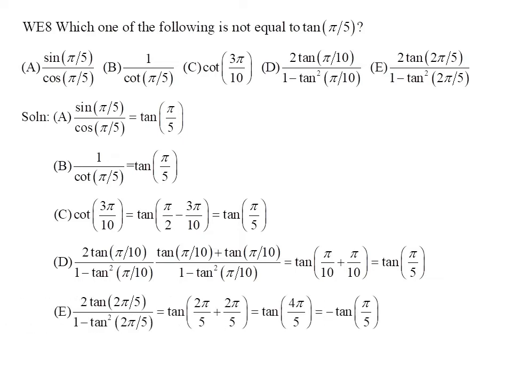For expression E, similar to expression D, we may apply the tangent double angle formula to simplify it, so the expression equals tangent 4 pi over 5, which equals tangent of pi minus pi over 5, which equals negative tangent pi over 5. In summary, the expression E is not equal to tangent pi over 5.